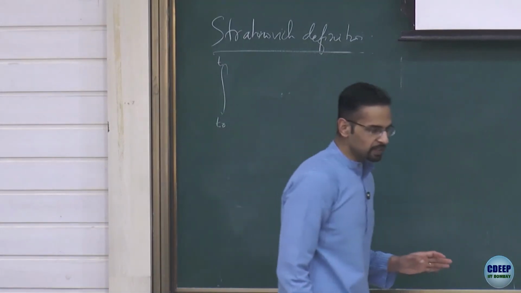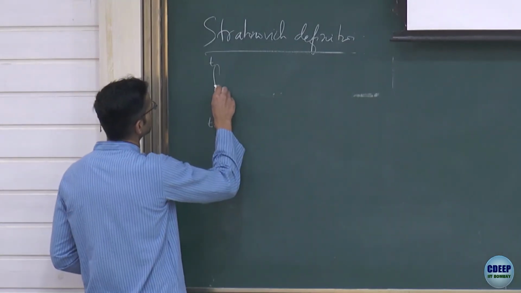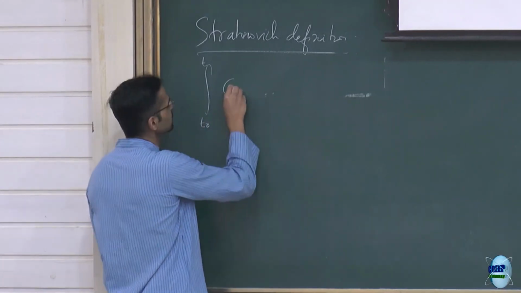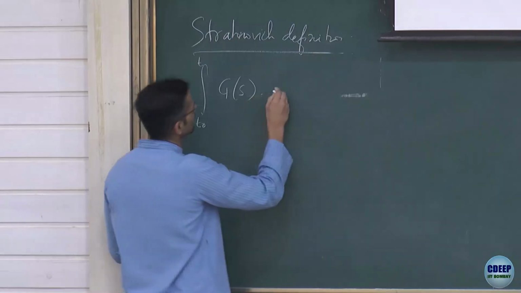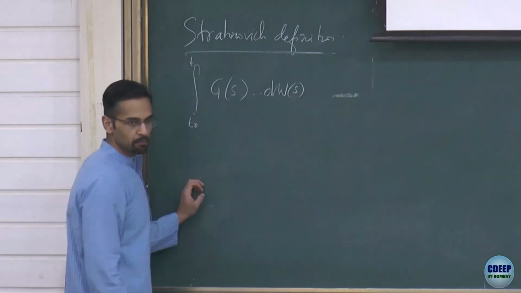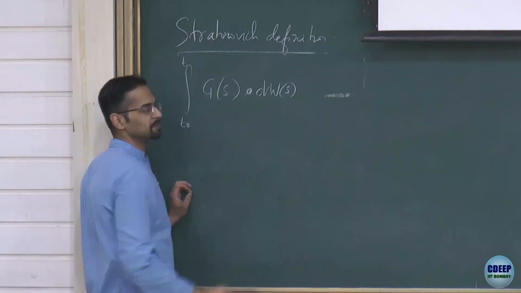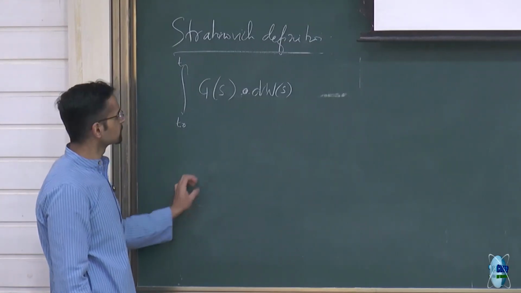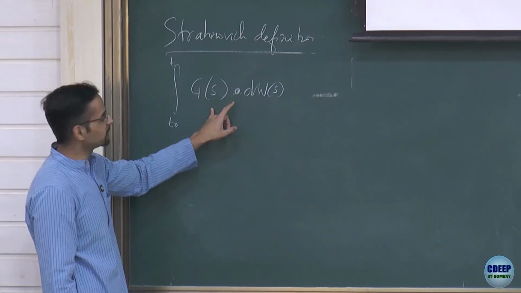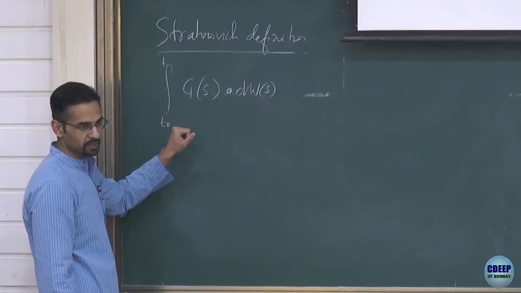In the usual nomenclature, different people do different things, but the way we'll designate Stratonovich is where we write G(S) dW(S) as earlier, but now we put a small circle between the product. So this will imply that when we see these two things under the integral, the G must be evaluated not at the starting point, but at the midpoint.